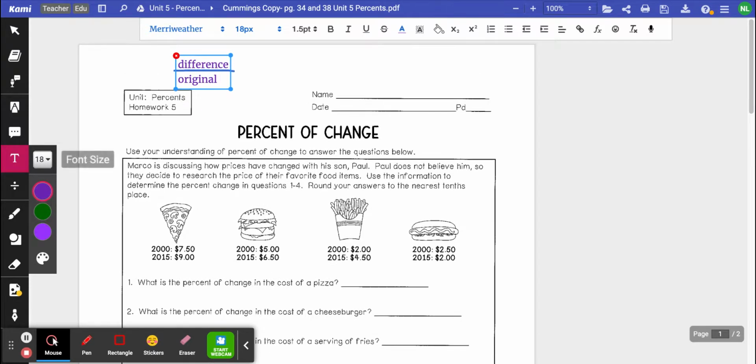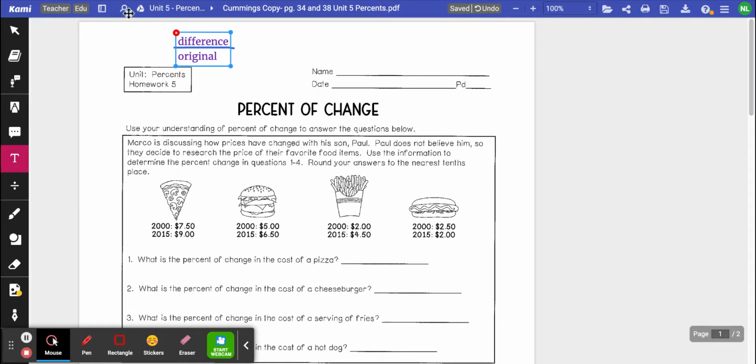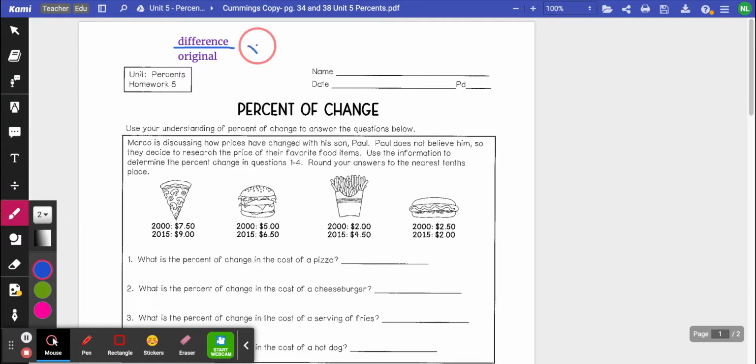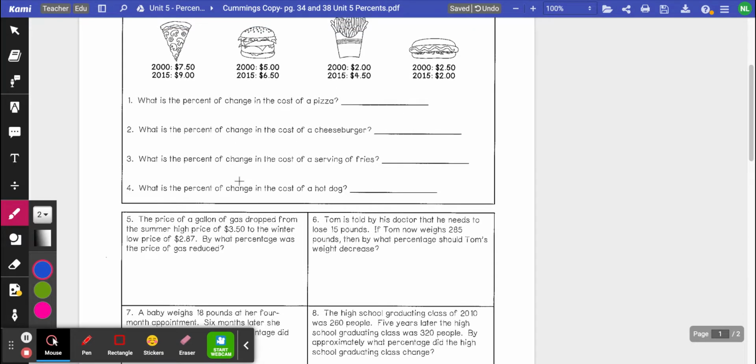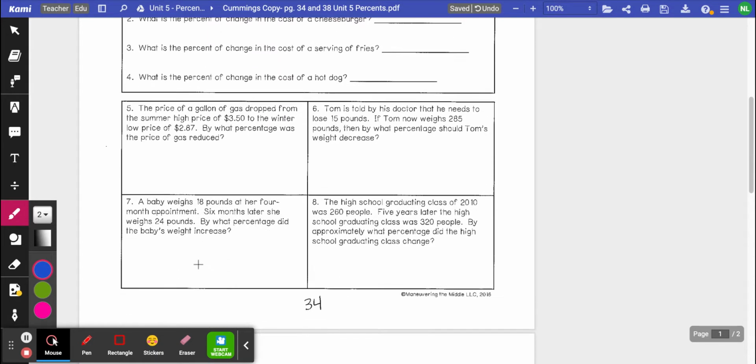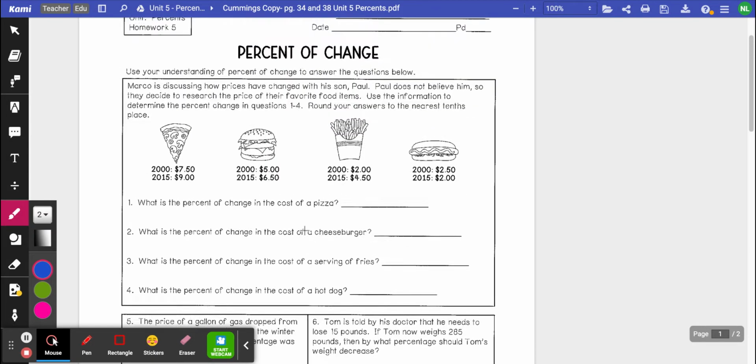Once you divide the difference, or the change, by the original, you are then going to be multiplying by 100 to find the percent change or percent of change. So I'll do the first one with you, and then I'll read all the problems on the bottom.